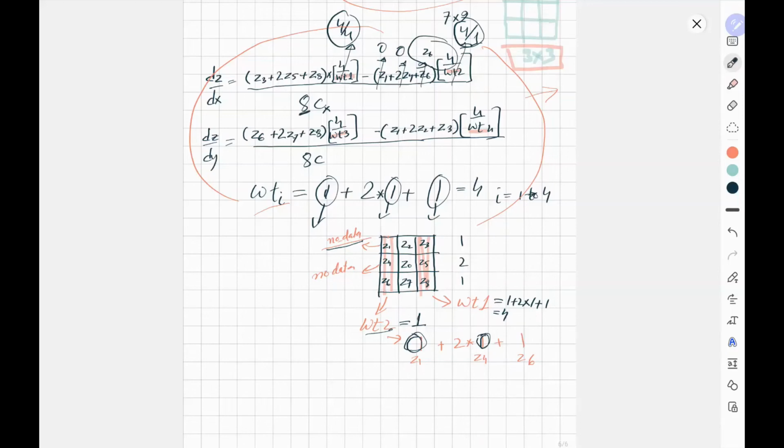So this should be clear about the center cell, the processing cell: I will write that here, if the center cell is no data, then the output of the slope is no data.